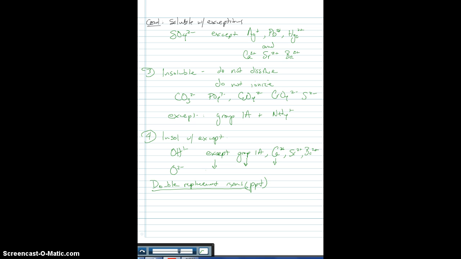So for a double replacement reaction, the way this might be written up is you have a solution of sodium carbonate, which is mixed with a solution of calcium chloride.